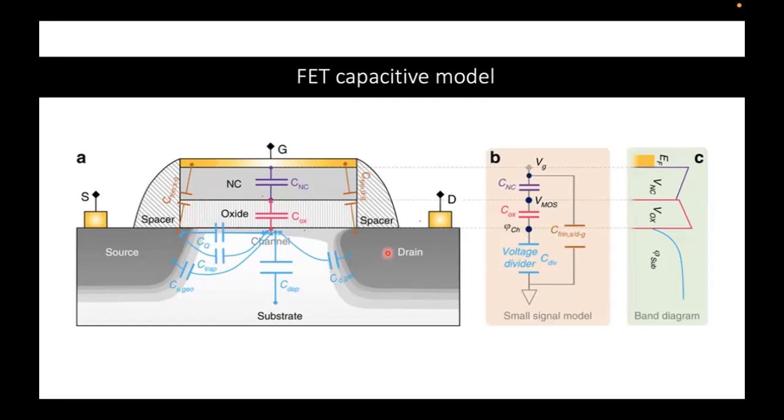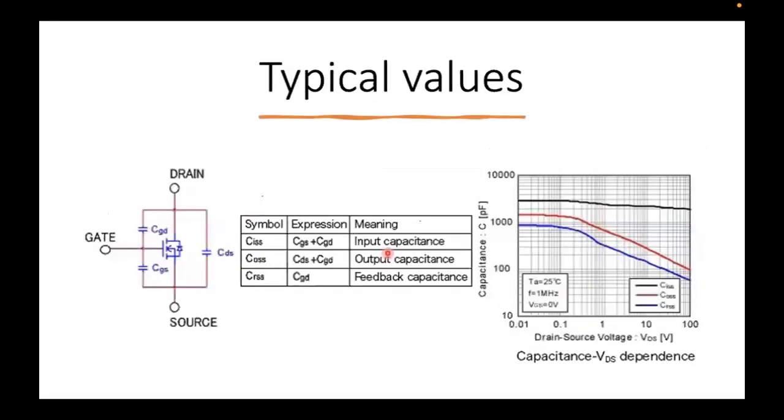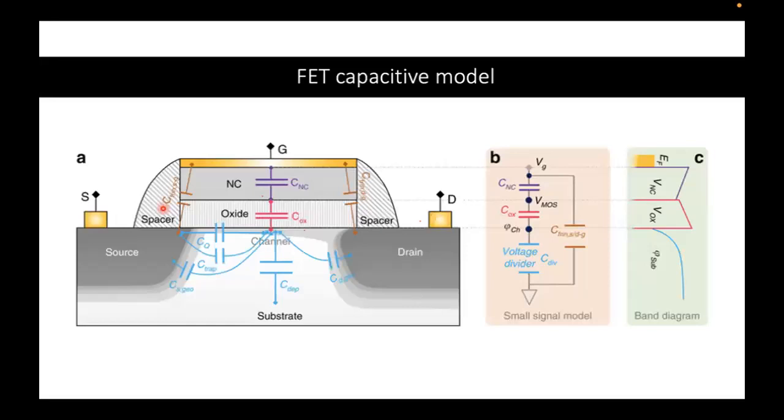But to make life a bit easier, when we go to transistor level, we can express it in terms of a terminal capacitance. So simply we can say that between each 2 terminals, we have some sort of parasitic capacitance in the MOSFET. For example, let me give you an example. Here we have the gate terminal and this is the source terminal.